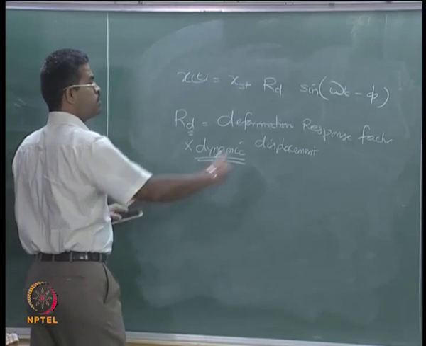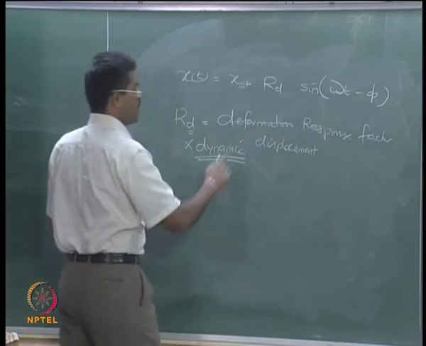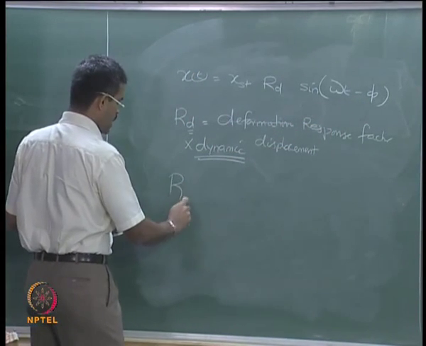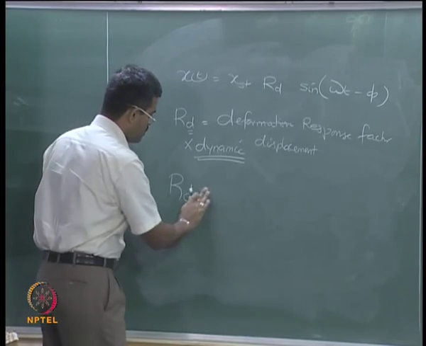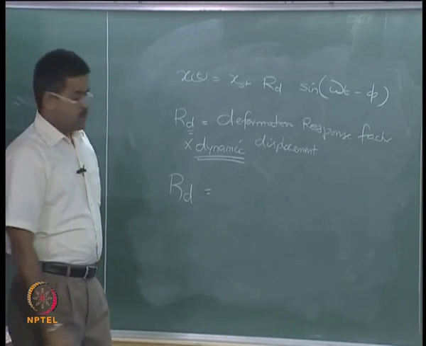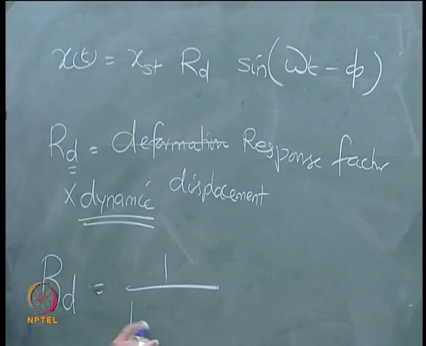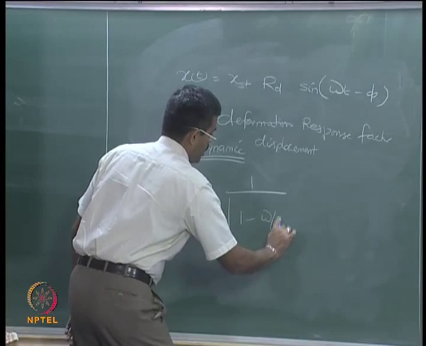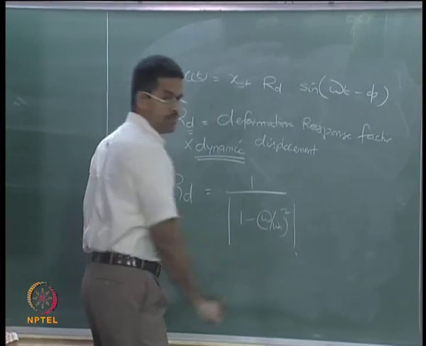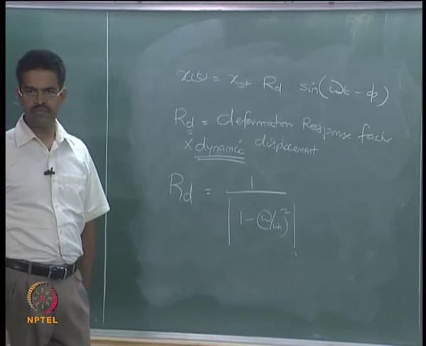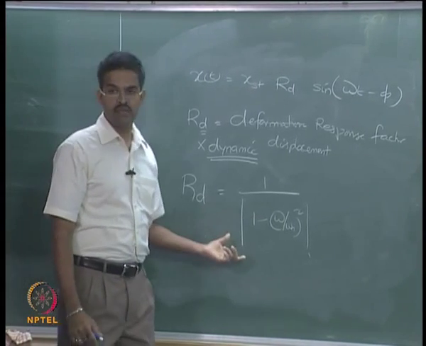Now I have to speak about the qualitative value of phi and what is Rd. So I can now say Rd is simply given by 1 by absolute of 1 minus omega by omega n squared. I am taking away the sign from this and giving that sign to my phi.